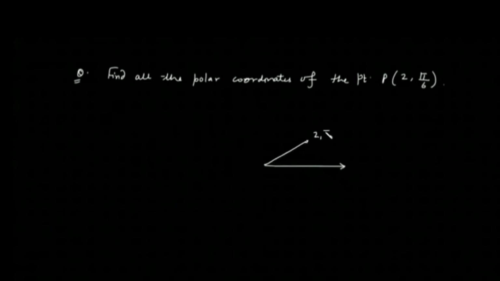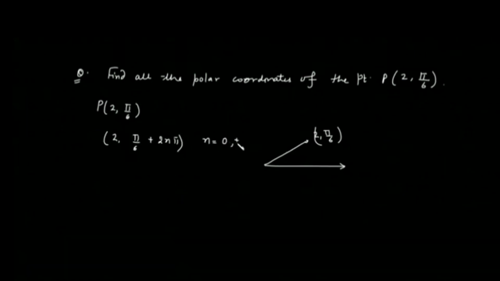This is (2, pi by 6). So another representation of this point is (2, pi by 6 plus 2n pi), where n varies over 0, plus minus 1, plus minus 2, and so on. For all these, we will reach the same point, this P.